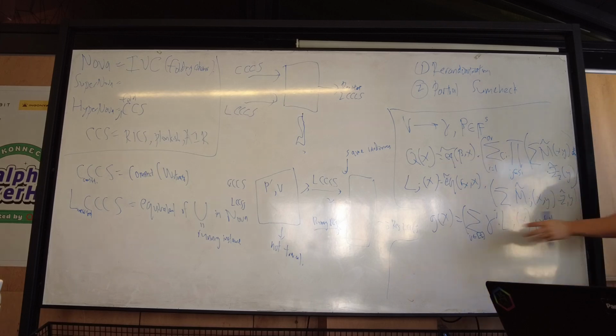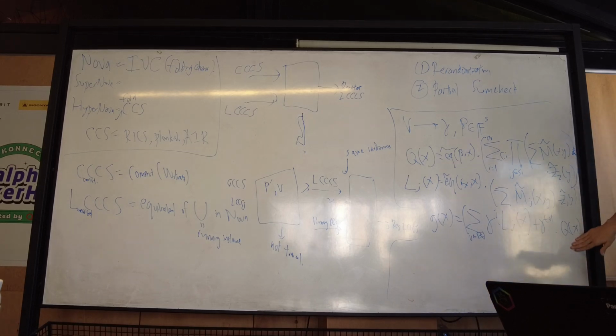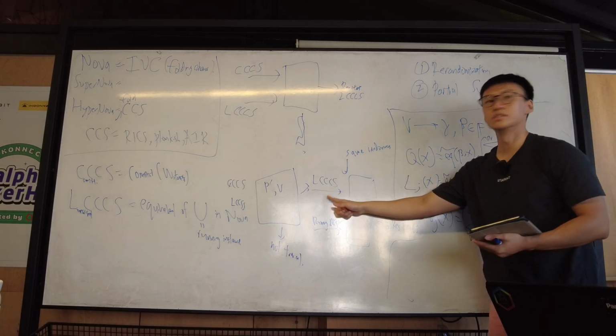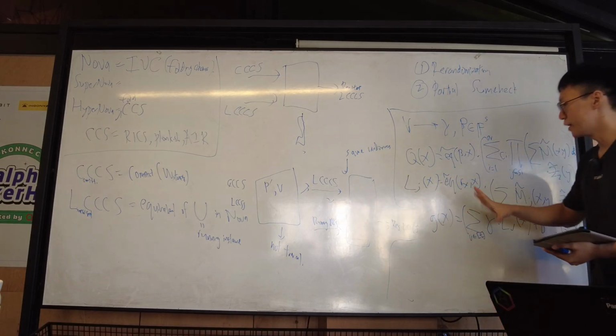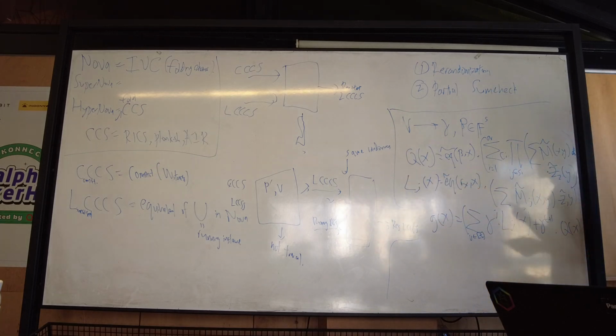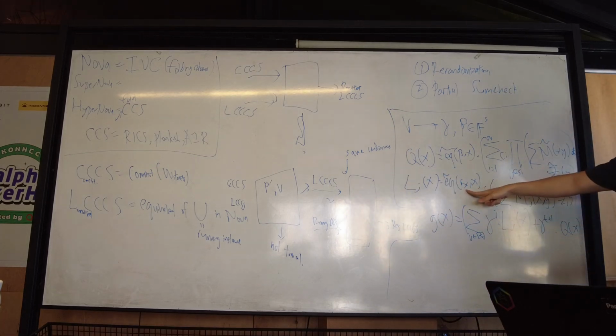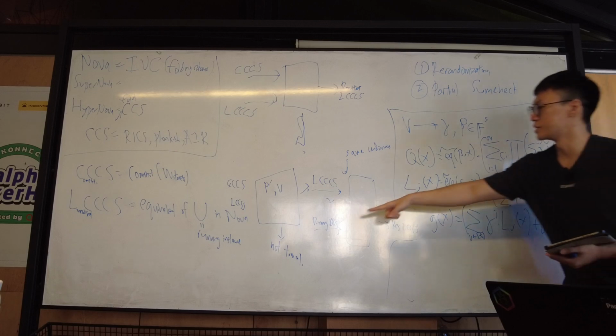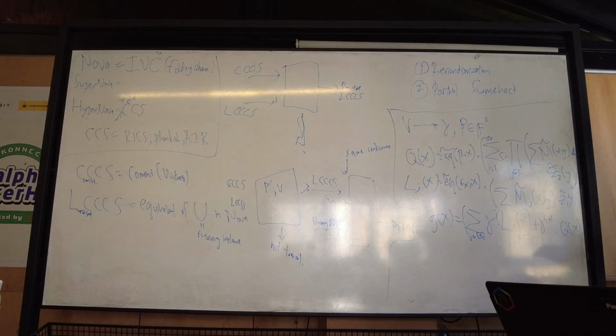So you can see Q of z is the CCCS, L_j is the LCCS, and using some randomness gamma, you combine them. This ensures the two have the same randomness, because you use the previous randomness here and a new randomness here.